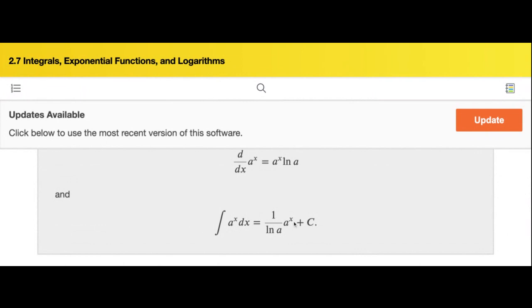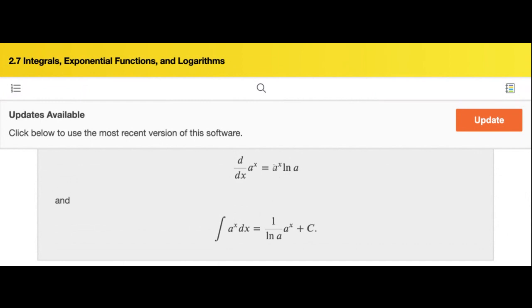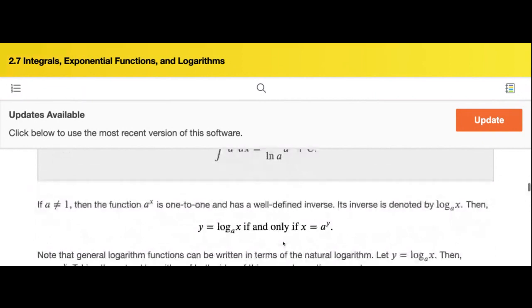The exponential term a to the x, in our case, is 2 raised to u, plus c. So when we take a derivative, we have the exponential term multiplied by ln. So when we anti-differentiate, we have 1 divided by ln a.